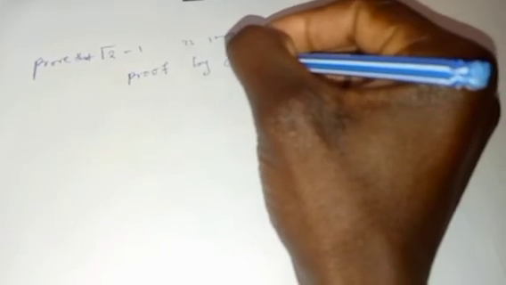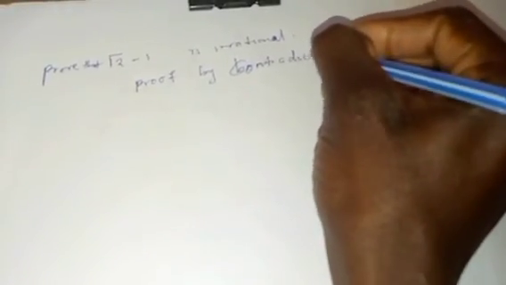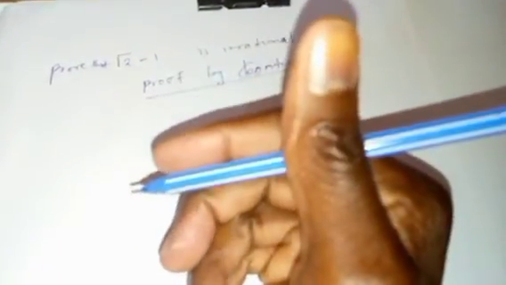Now, another question can come in by saying, prove that root of 2 minus 1 is irrational. How do you prove? The same process we've been doing, you say proof by contradiction. And this statement is very, very important. It gains some marks.